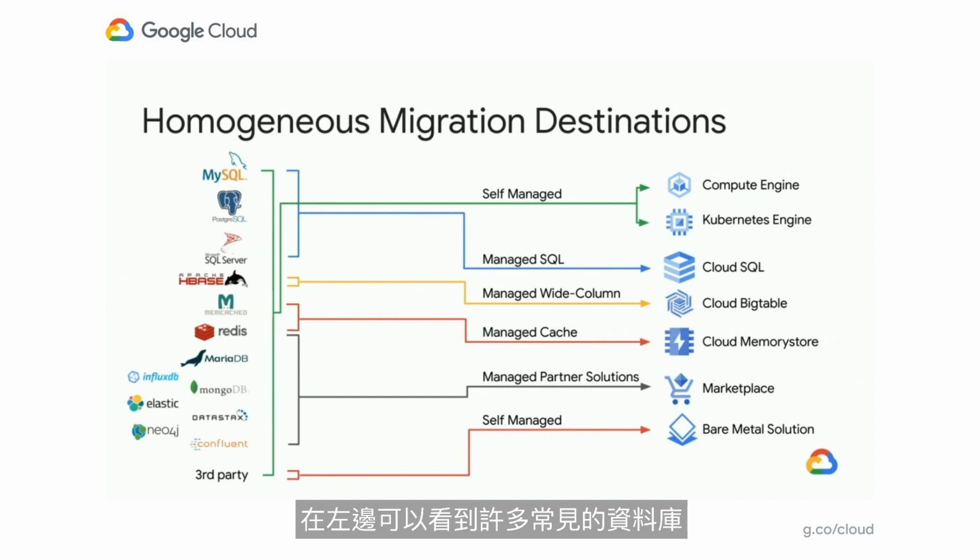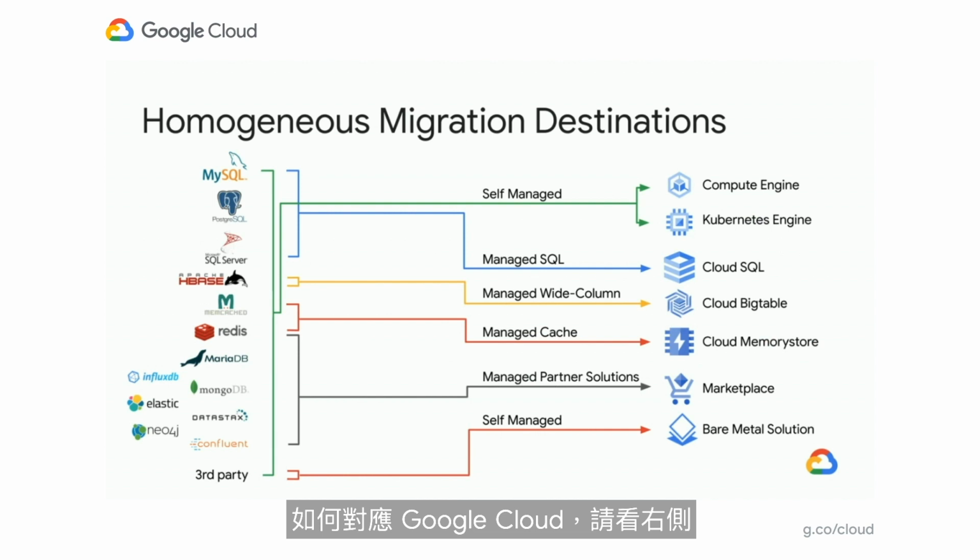You see here on the left that there are a lot of databases that are around. There are open source databases, there are third party databases, there are relational databases, key value store, column store, caches, streaming databases, a lot of databases that are around. Now, if you look at those databases, where can you end up on Google Cloud?